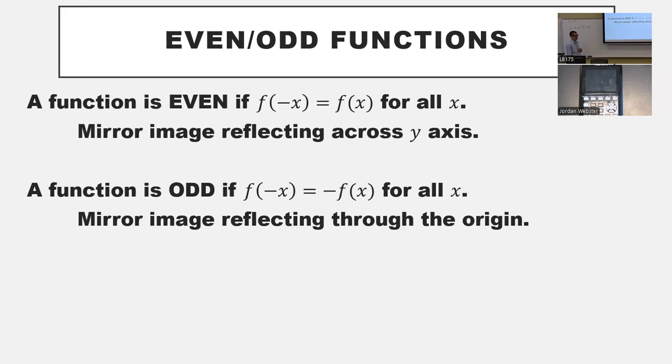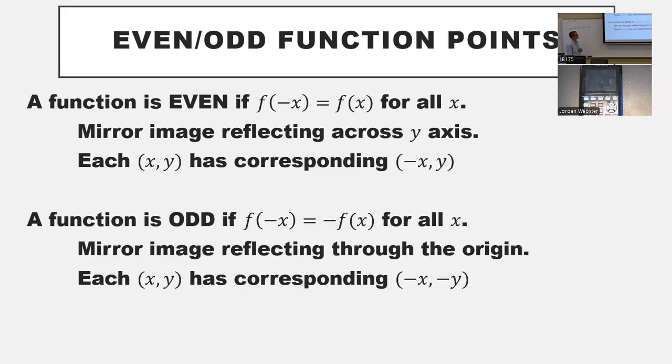Make sense? You can also think of this in terms of ordered pairs. In terms of ordered pairs, an even function, if I have the ordered pair x comma y, has a corresponding -x comma y.